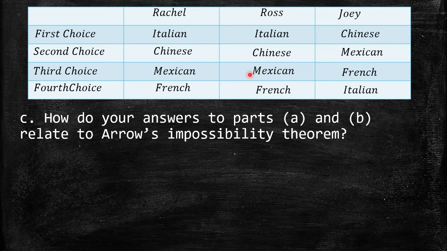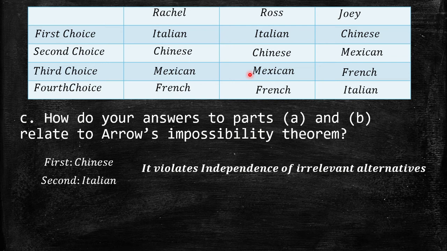In any case, it should violate at least one of the propositions of the perfect voting system. In this case, remember that the first was Chinese, then the second was Italian, and it violates independence of irrelevant alternatives.